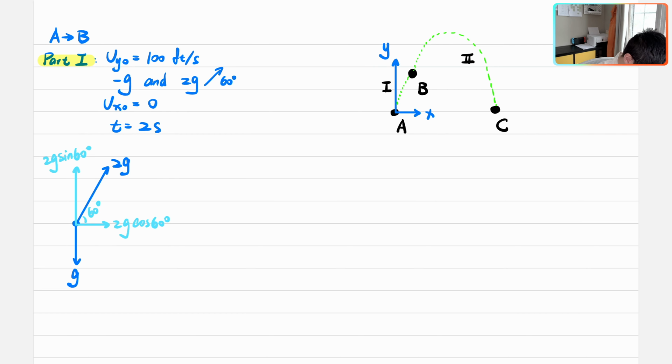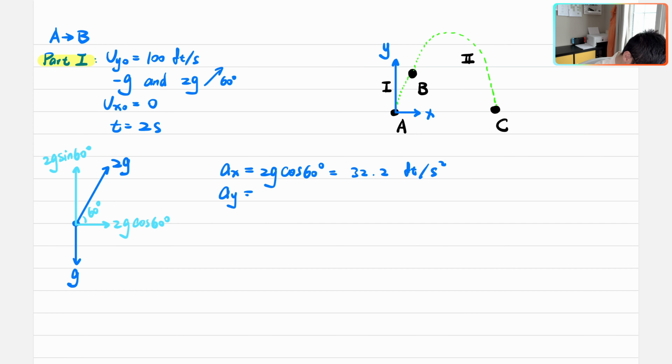So we have our ax, acceleration in the x direction, 2g cos 60 degrees, 32.2 feet per second square.